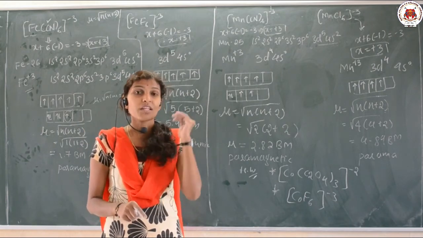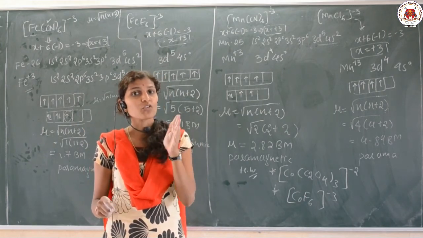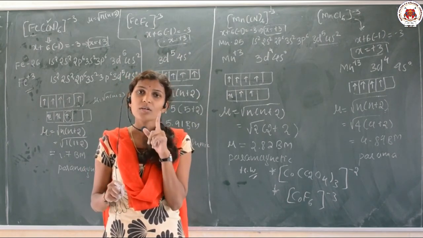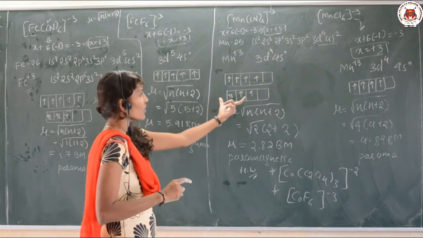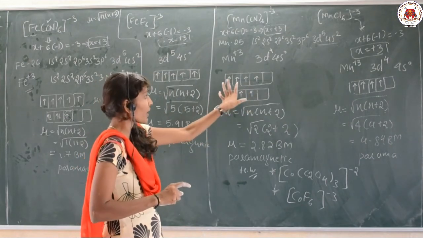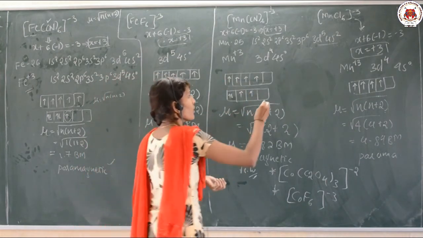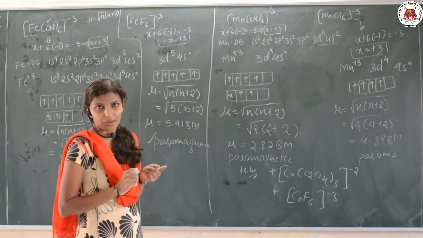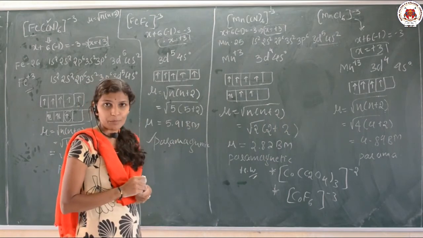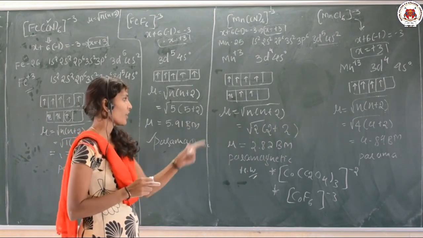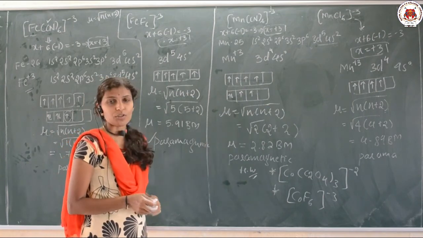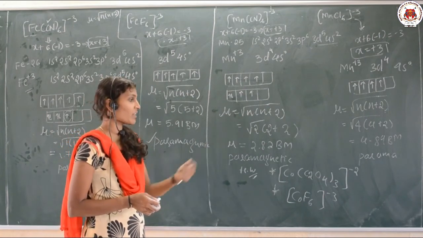Then think whether the ligand is strong or weak. If it is strong, definitely go for pairing. Here it is a different case: do not pair all, you should take only one. Go for the pairing if it is strong. Then find out the number of unpaired electrons and then you can find the value of mu. So, you can predict it as paramagnetic.